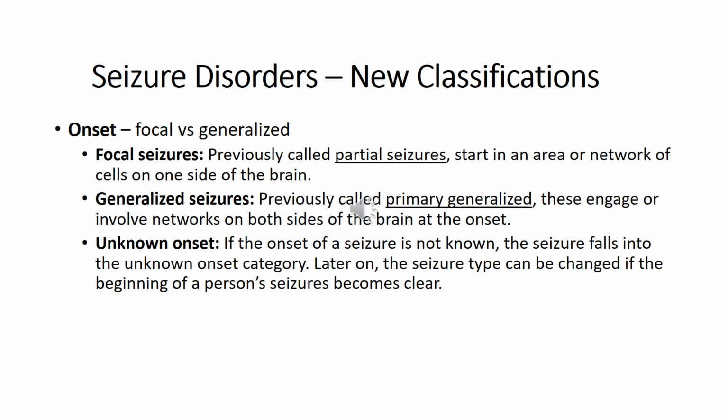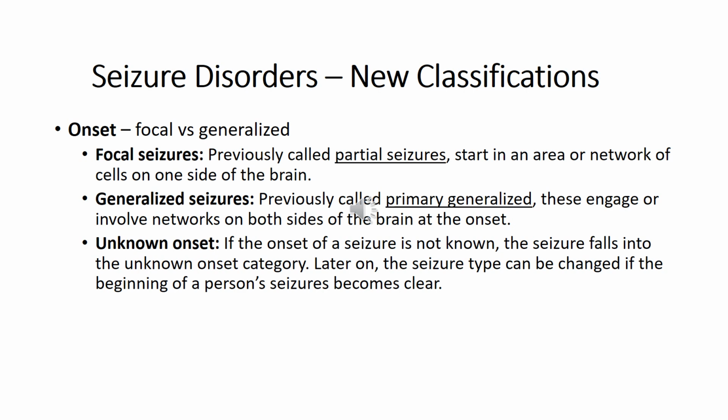There are new classifications that help with the distinction of seizure disorders. There's the onset: focal versus generalized. Focal seizures were previously called partial seizures. These types of seizures start in an area or network of cells on one side of the brain.